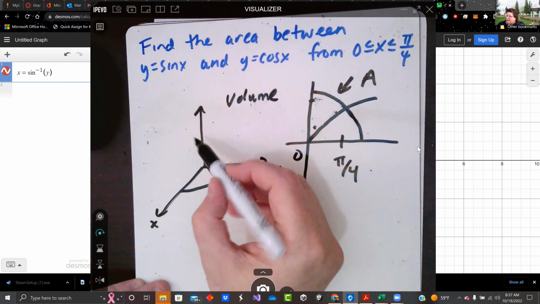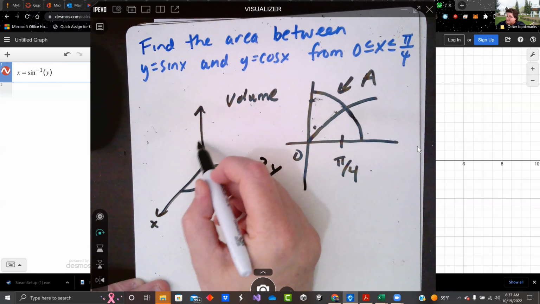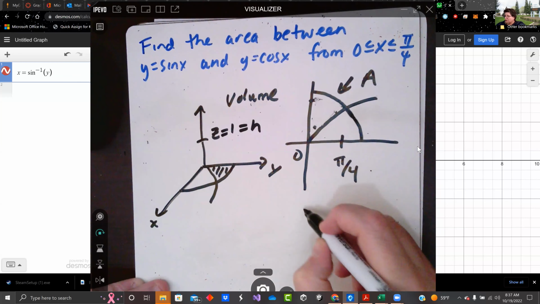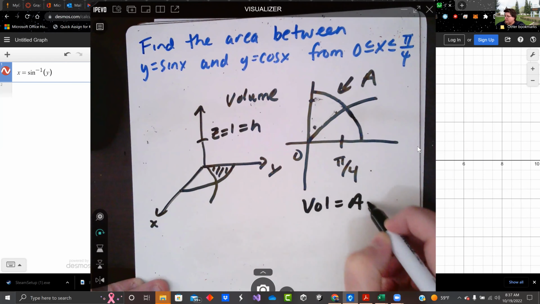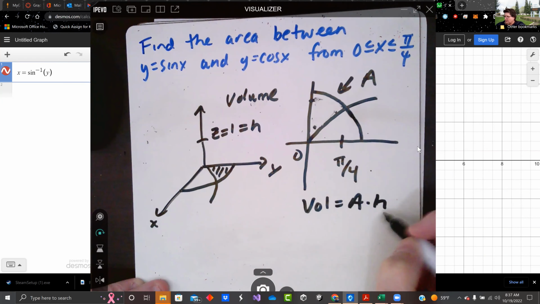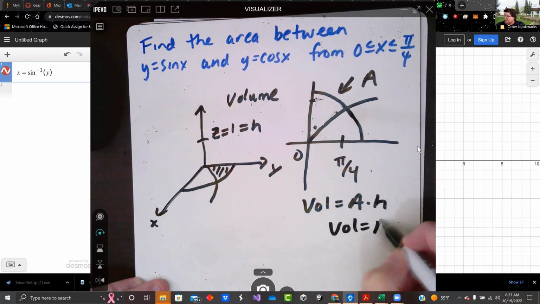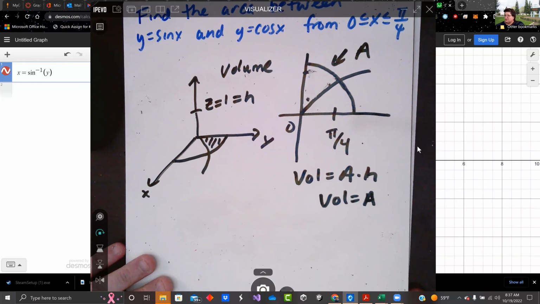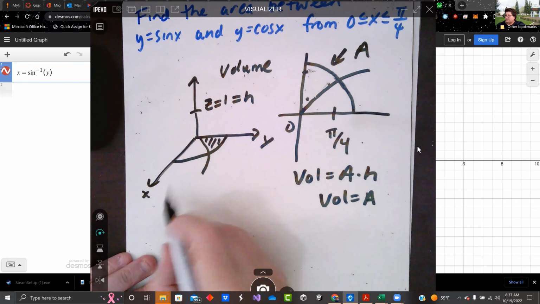So if we give it a height of 1, z equals 1, volume is area times height, but height equals 1, so volume equals area. And so we could do this as a two-dimensional figure.